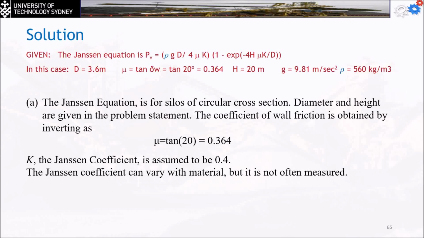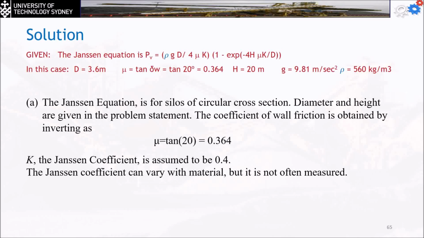Rho g D divided by 4 mu K, multiplied by 1 minus the exponential of minus 4H multiplied by mu K divided by D. The D is 3.6. Actually, the D is 4, sorry. The D is 4 and it's not 3.6 because I changed the example. D is 4, the H is 20.